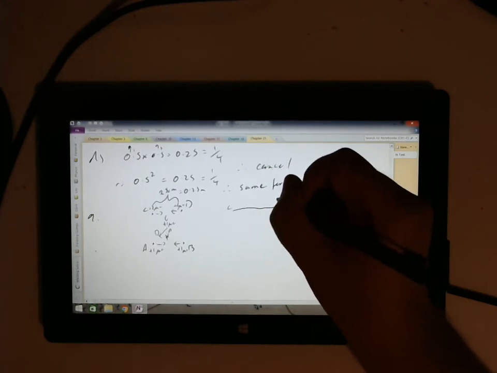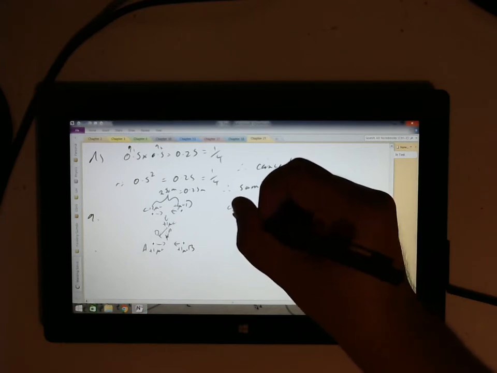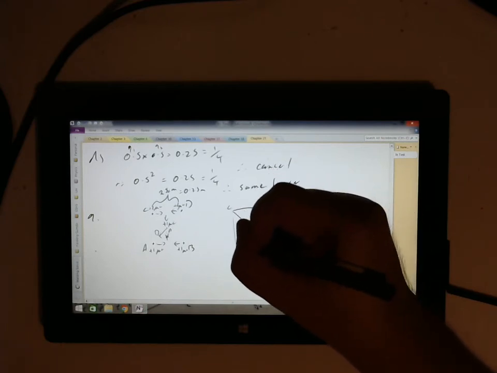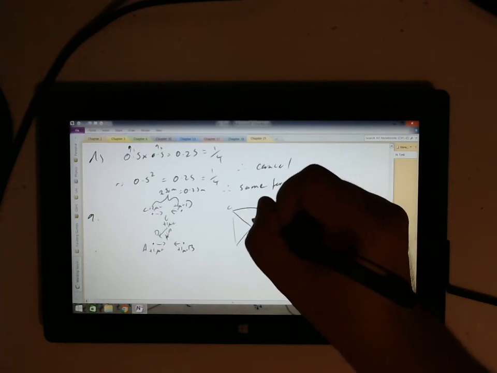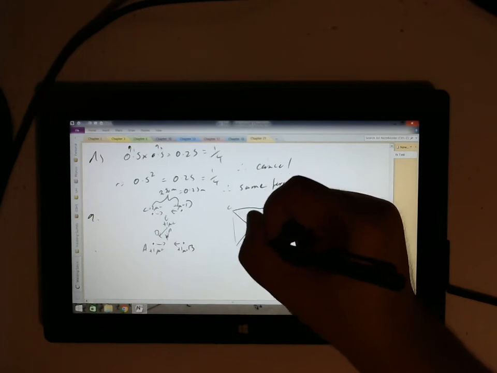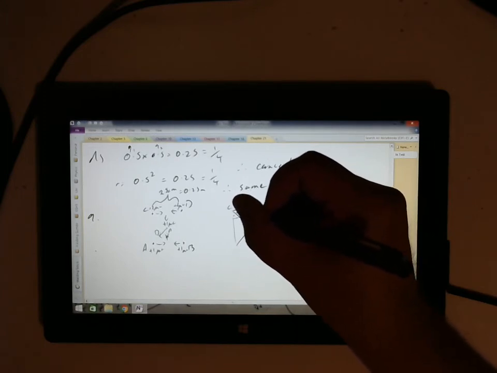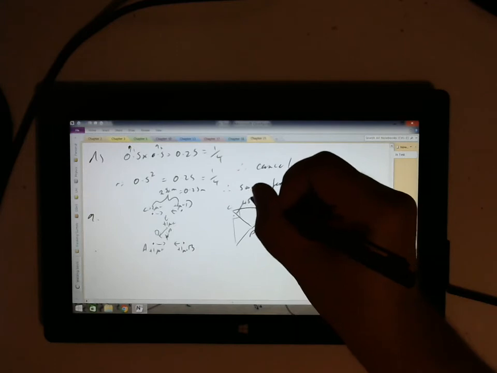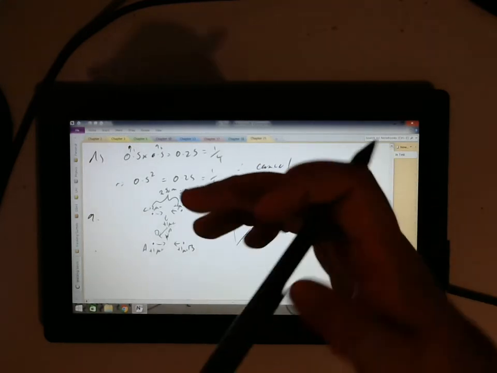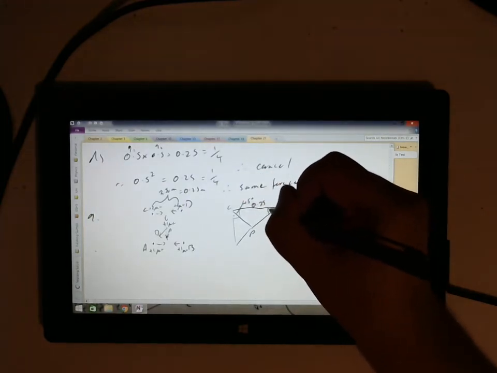So C, D, P. The reason is this is a square. These triangles around it are always going to be identical, which means all these angles will be identical. And that's going to have to be 90 degrees because it's the corner of a square, that means this and this are going to have to be identical, so they're both going to be 45 degrees. And that's going to be 0.25 meters, 0.25, and that would also be 45 degrees.